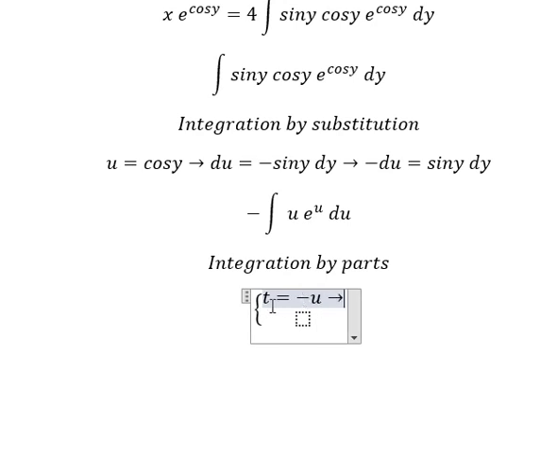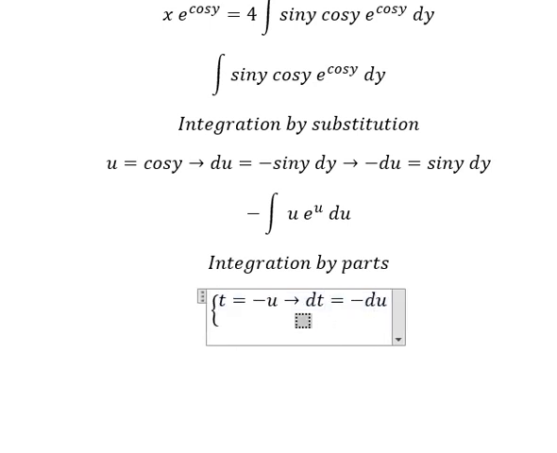Later that we do the first derivative for both sides, and we have dt equals negative du. dv is e to the power of u du. The integration of this one, we have v equal to e to the power of u.